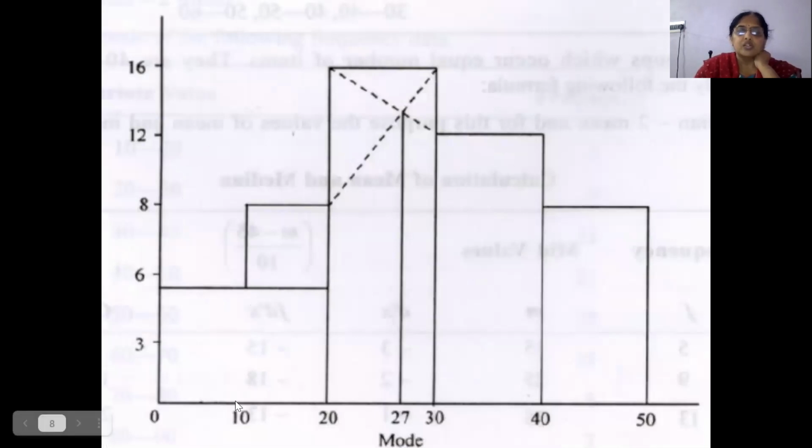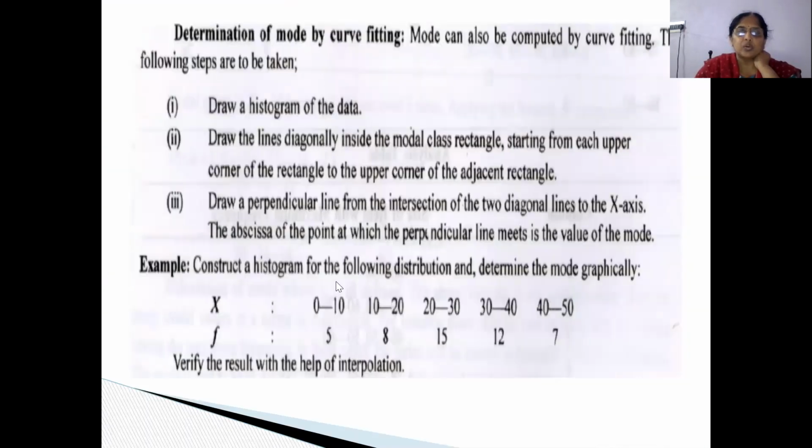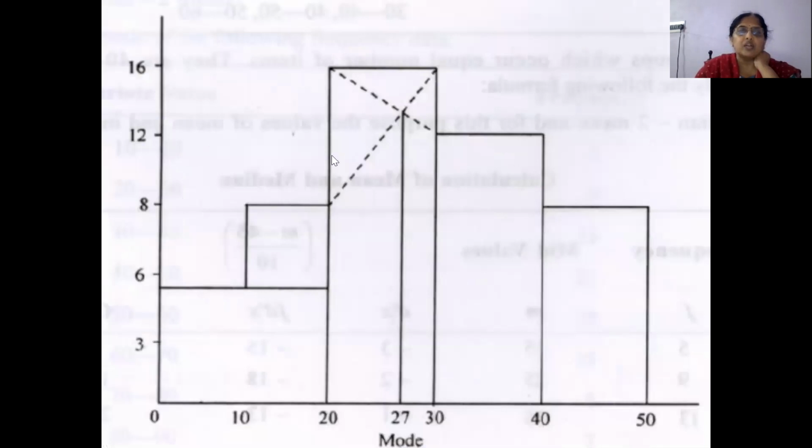So first, see 0 to 10. Here it is 0 to 10. Next one, 0 to 10, and here 0 to 10, that is 8. This is 8. It is to be shown vertically here, but it is clubbed here. That's all.